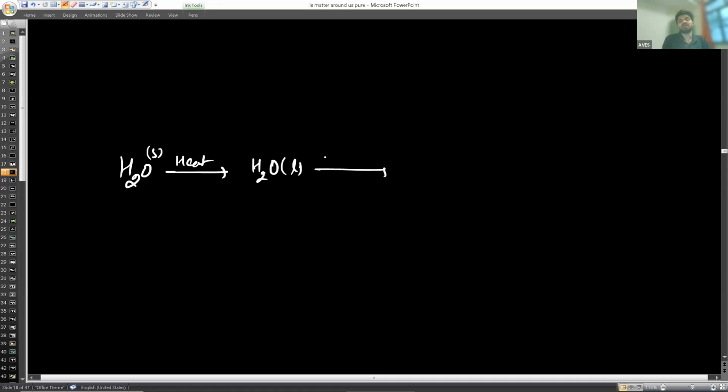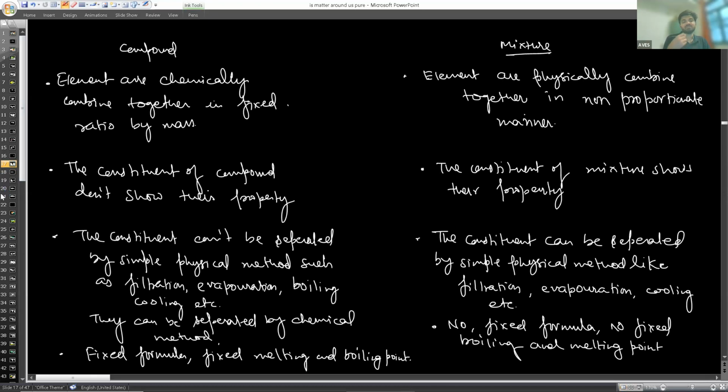If you keep on heating, it will get converted into H2O gas. So if you are vaporizing it, it will remain water. It will not disintegrate. It will not give you hydrogen and oxygen gas. So by simple physical methods like heating, boiling, evaporation, the constituents can't be separated. You can't separate hydrogen and oxygen from water. Its state will change, but it will remain water.